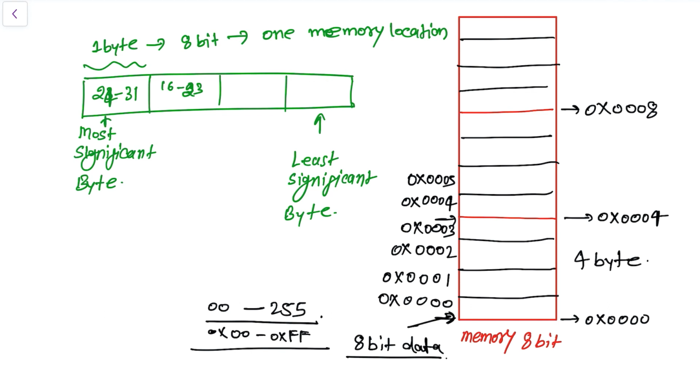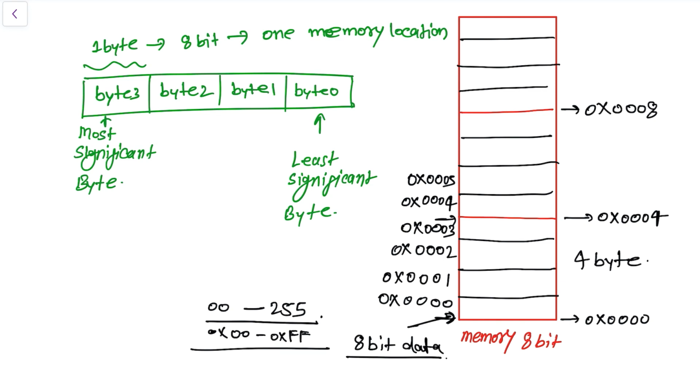Let me label them byte 0, byte 1, byte 2 and byte 3. So here you have byte 0, here byte 1, here byte 2, and here byte 3. The byte 3 is the most significant. Now the question is, which byte are we going to store first?